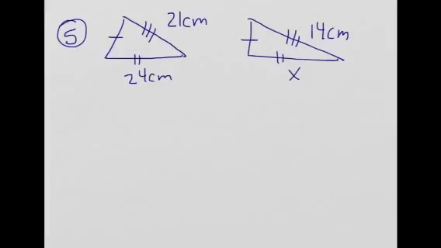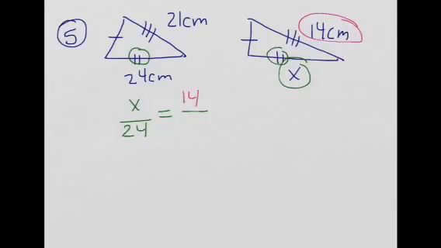Alright, so now we're going to go ahead and find our x. So we have our x. X is on the second side of the triangle. So we're going to go to the second side of the first triangle, and it's going to be x over 24 is equal to, we're going to go back and get our next measurement, 14, which is on the third side of the triangle.